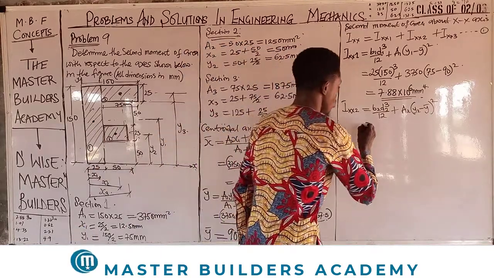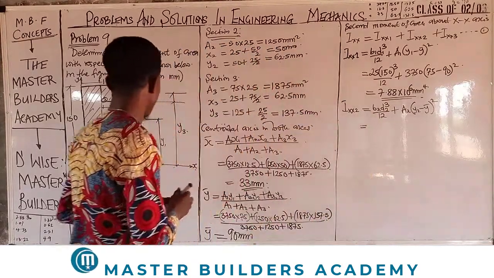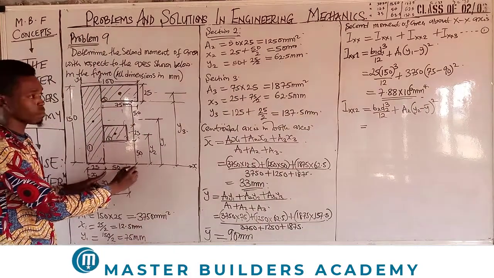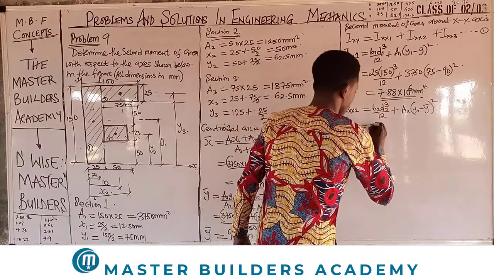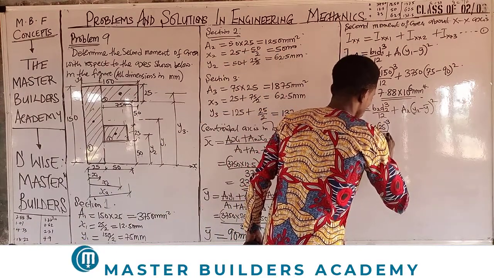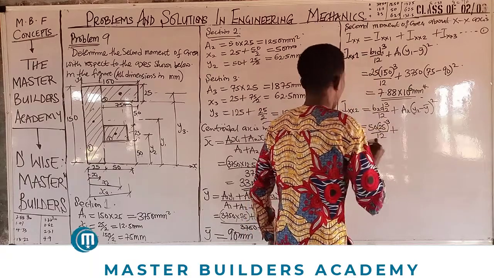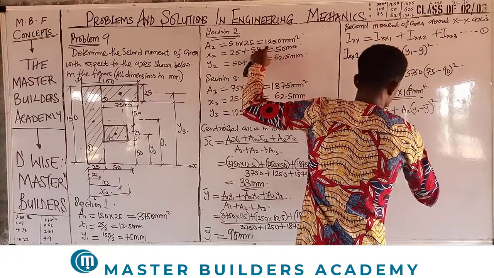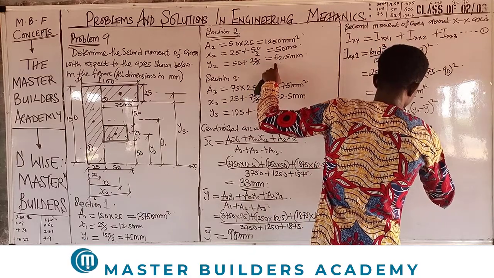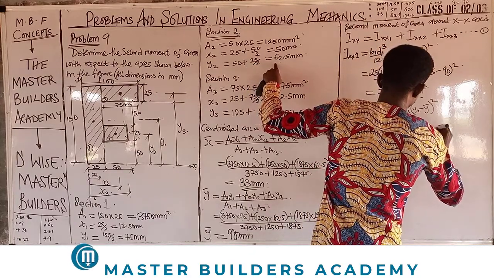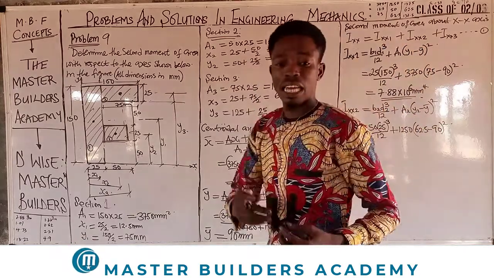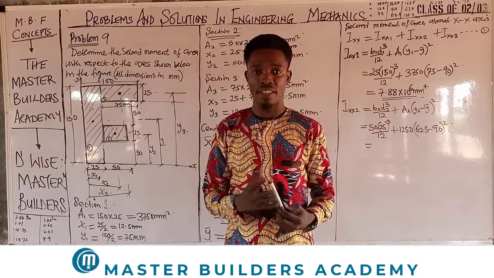So from section 2, knowing fully well that B represents the horizontal distance of section 2 is 50, while the vertical distance is 25. So 50 into 25 cube over 12 plus area 2 is 1250 into 62.5, which is y2, minus 90 all squared.